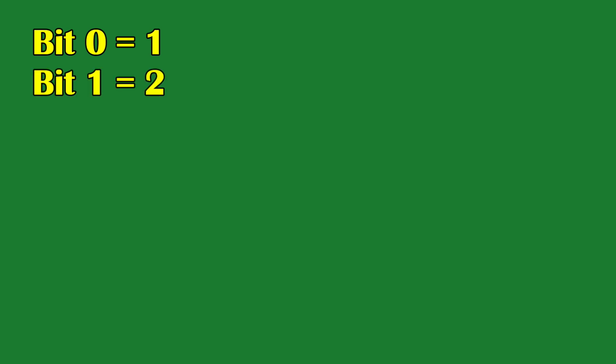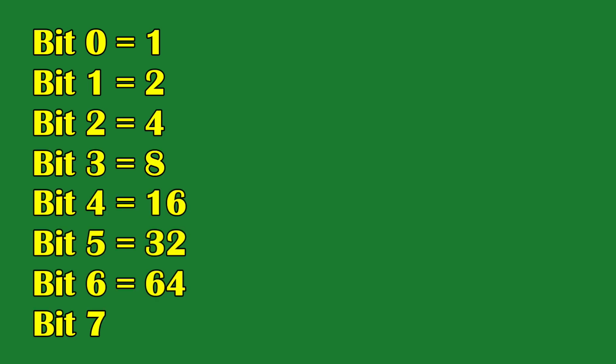For example, bit 0 can be activated by entering a value of 1, bit 1 by entering a value of 2, and bit 2 by entering a value of 4. As you can see, to turn on each ascending bit, you double the value of what turned on the previous bit. This means that by the time you reach bit 7, you turn it on by using a value of 128.